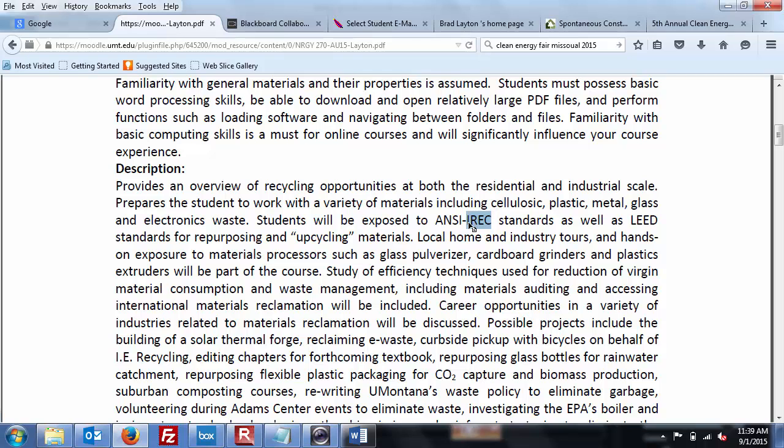They do not have a recycling standard, but over the course of this semester, we'll see what we come up with in terms of providing a standard for the university. I've got some very definite ideas about what the university needs to do to improve its recycling. And maybe at the end, we just submit it to IREC and say, hey guys, this could be your code for providing one, because they don't have one yet.